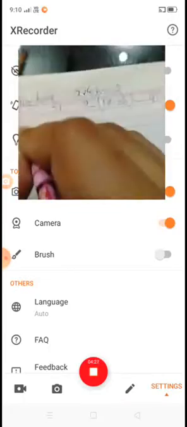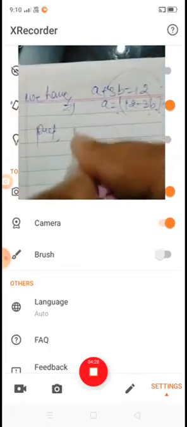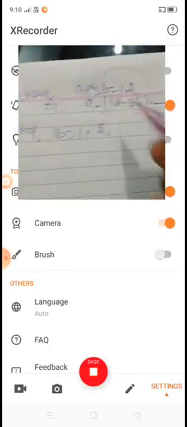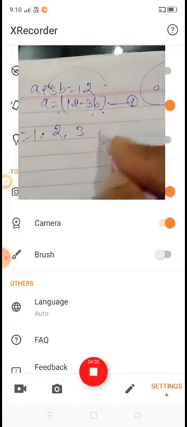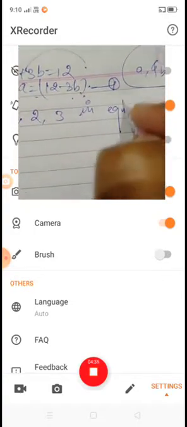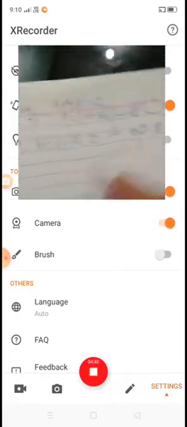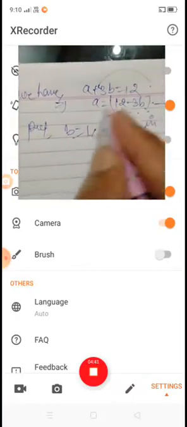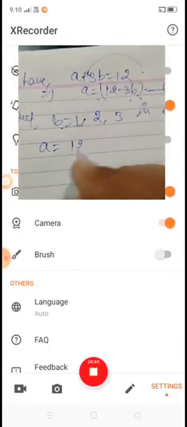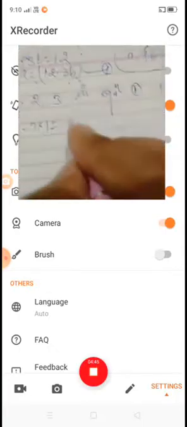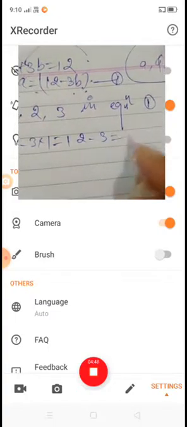Put B is equal to 1, 2, 3 in equation 1. When B is equal to 1, we get A is equal to 12 minus 3 into 1, which is 12 minus 3, that is 9.